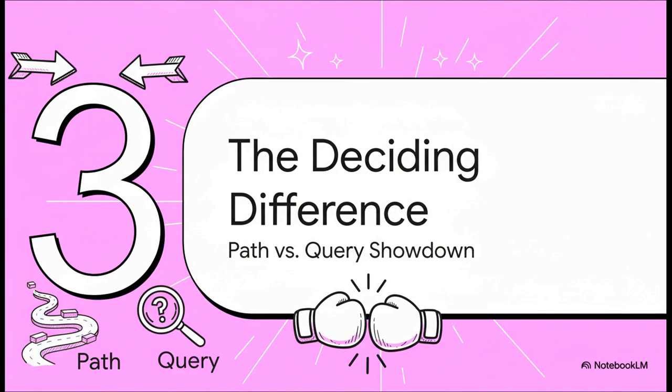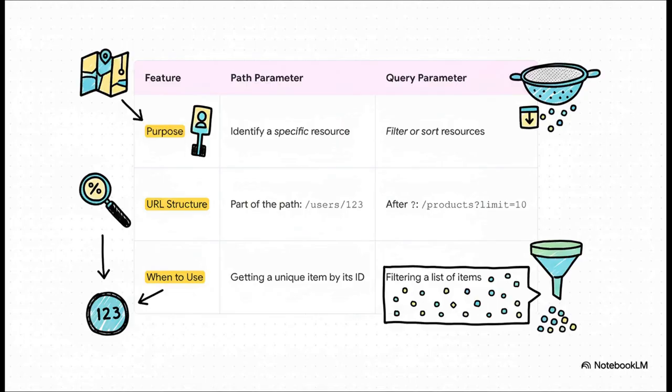All right, so we've seen them both on their own. Now it's time for the main event. Let's put them head-to-head in a side-by-side showdown to make this difference totally crystal clear. Okay, this table pretty much says it all. Let's break it down. First up, purpose. Path parameters are all about identifying one specific resource. Query parameters, they're for filtering or sorting a whole collection of resources. Next, you have the URL structure.